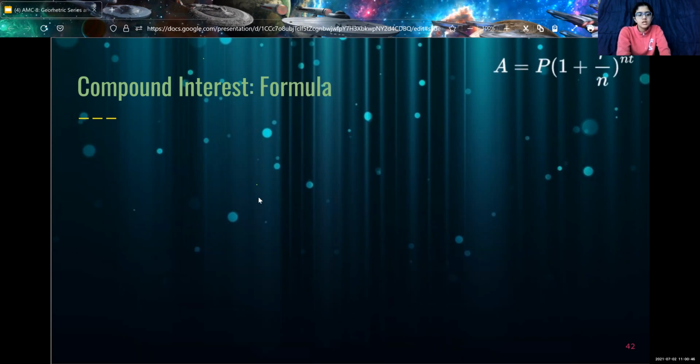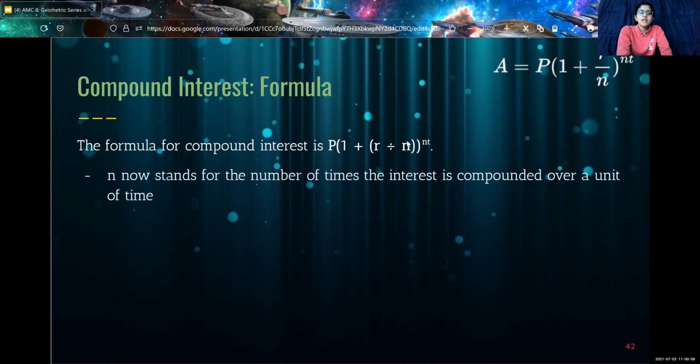So the formula for compound interest is P multiplied by (1 plus R divided by N) to the power of N times T. N now stands for the number of times the interest is compounded over a unit of time. For example, if I have to pay interest quarterly, that means I pay it 4 times a year, so N would be 4, and T is the number of units of time.